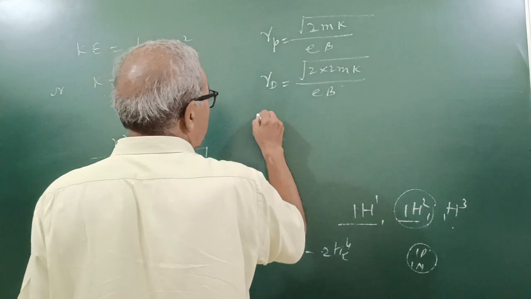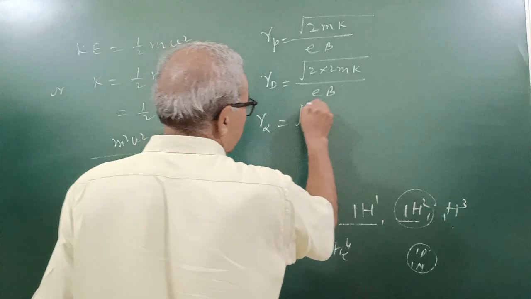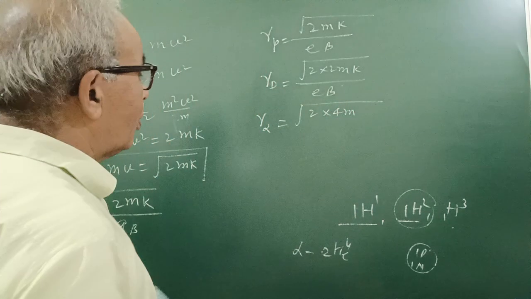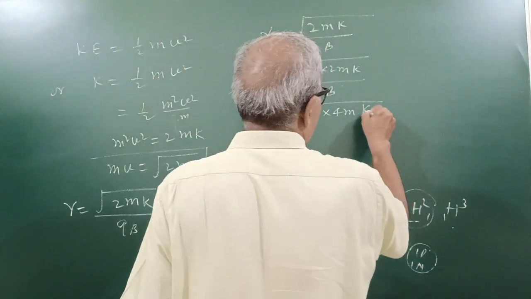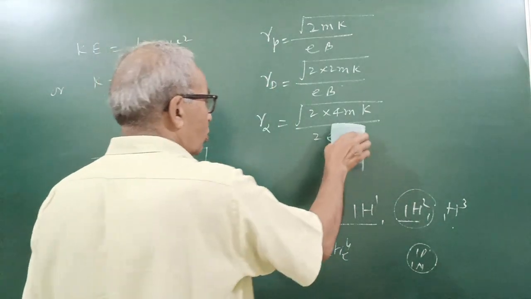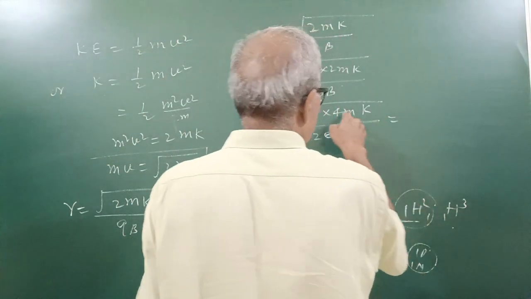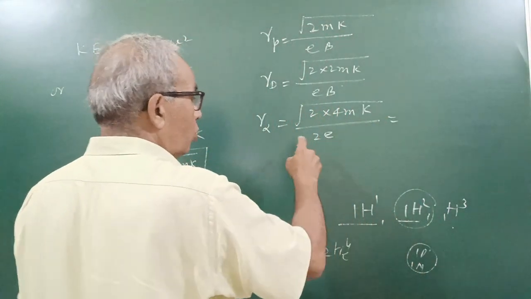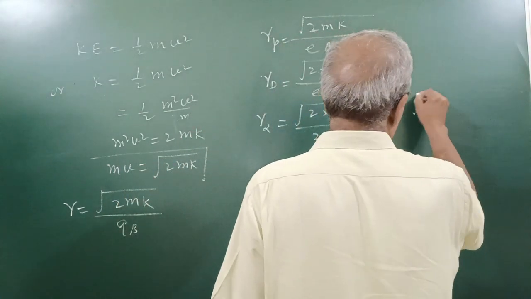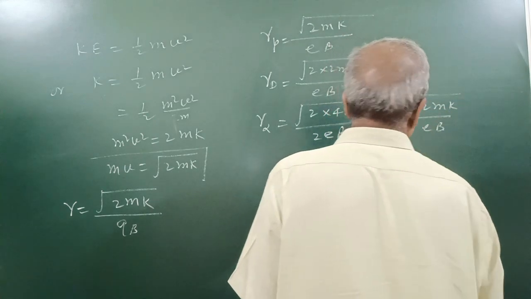For the radius of alpha particle, it is under root 2 into 4m, since the mass of alpha particle is 4 times the mass of proton, K upon its charge, which is 2e. Here 2 and 4, root 2, this 2 cancels, and you get under root 2mK upon eB.